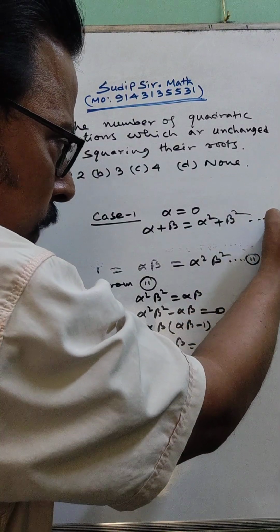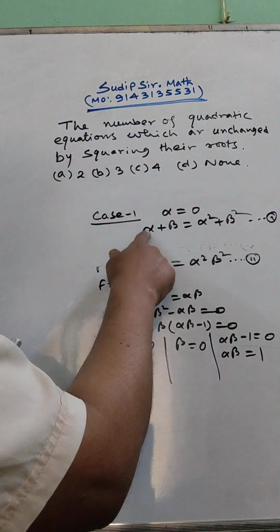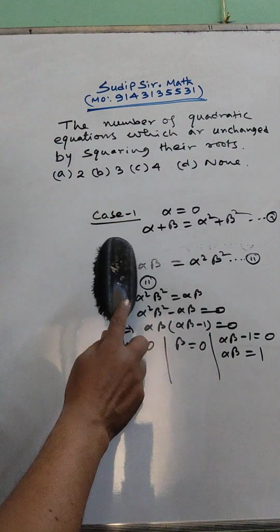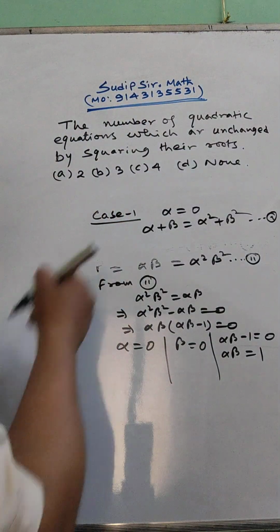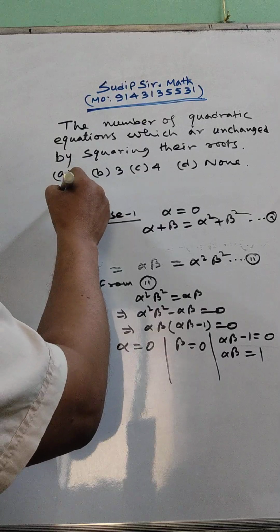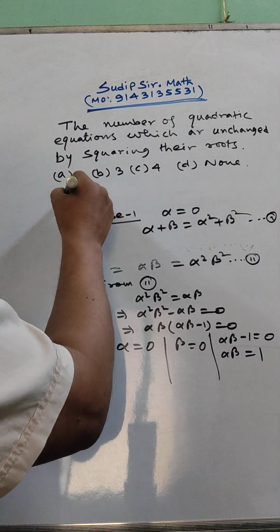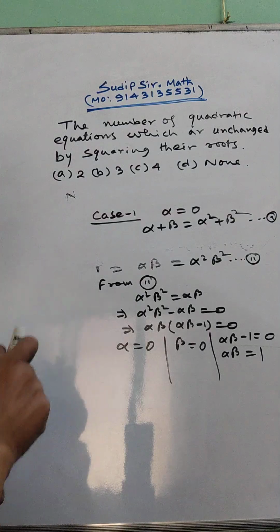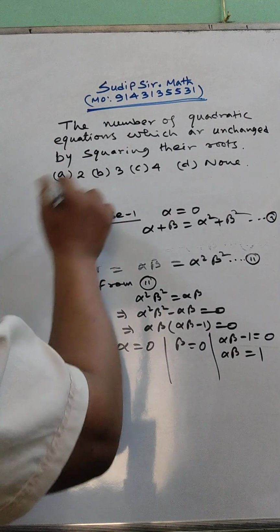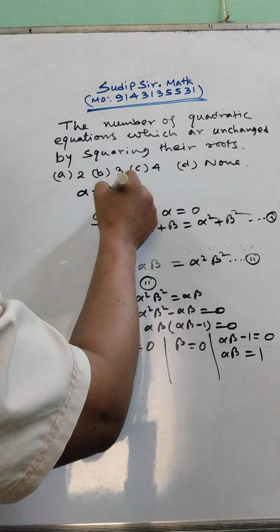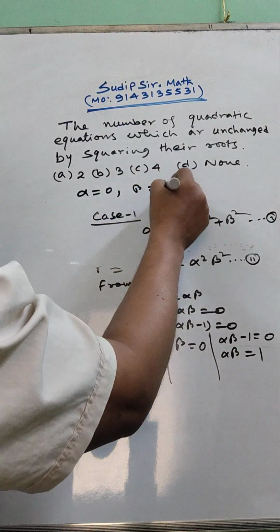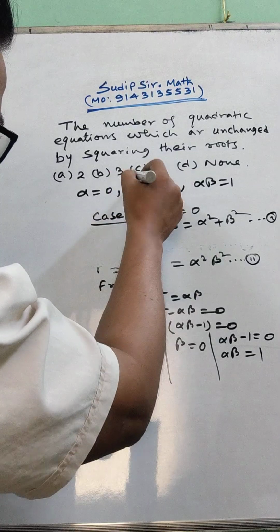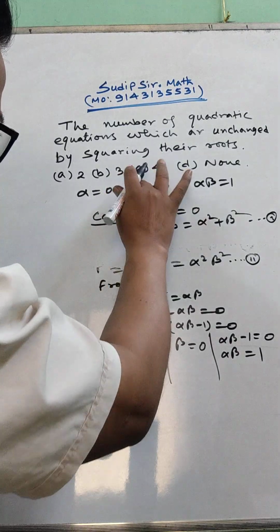That was equation 1. Now from that, let us note down: either alpha equal to 0, beta equal to 0, or alpha beta equal to 1. This is our note.